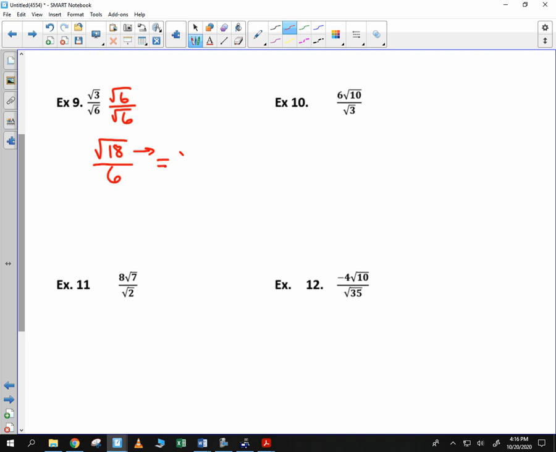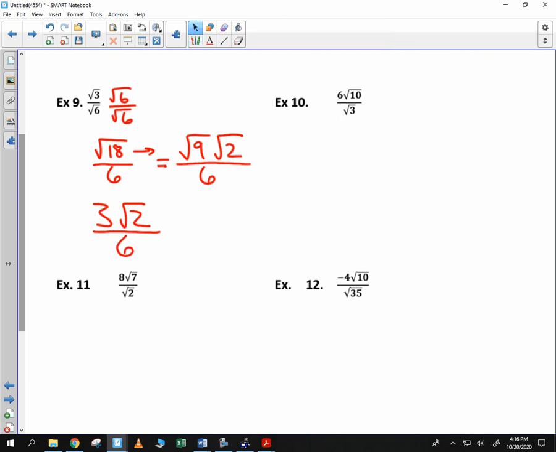See, the square root of 18 is the square root of 9 times the square root of 2 all over 6. The square root of 9 is 3. So I have 3 roots of 2 over 6. And finally, you know that you can simplify the 3 over 6 to 1 square root of 2 over 2. That's your result.